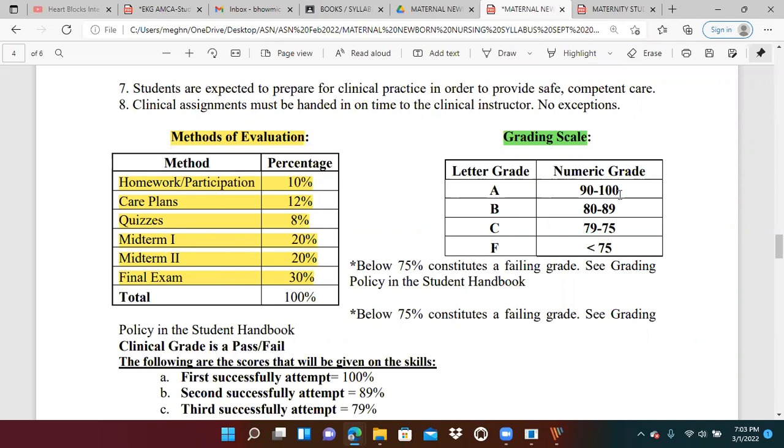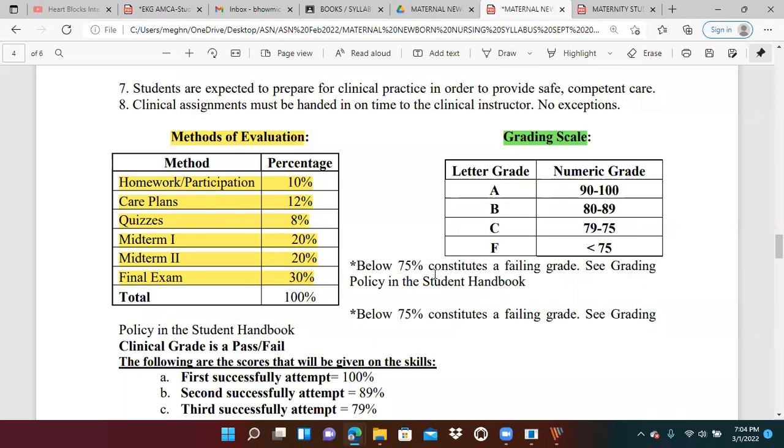The grading scale says, if you get between 90 to 100, you will get an A. If you score between 80 to 89, it should be B. If you score between 79 to 75, it should be C. Unfortunately, if you score less than 75, below 75, it is considered a failing grade, right?